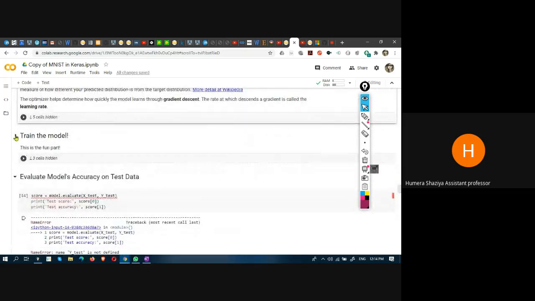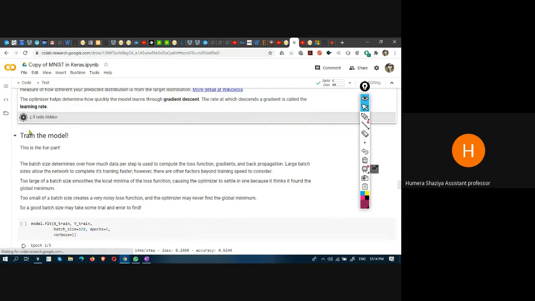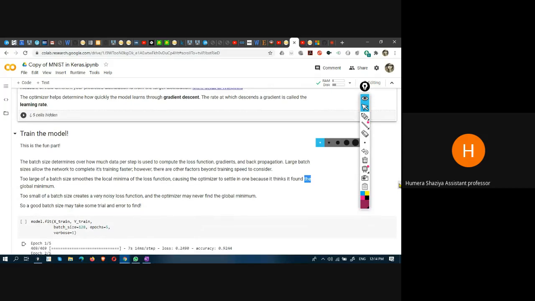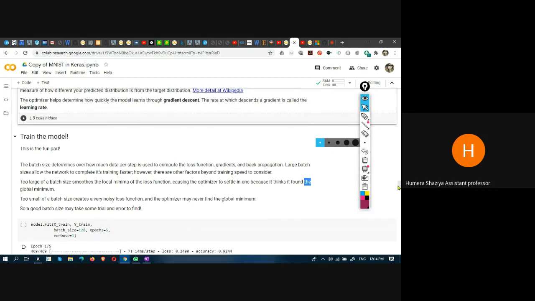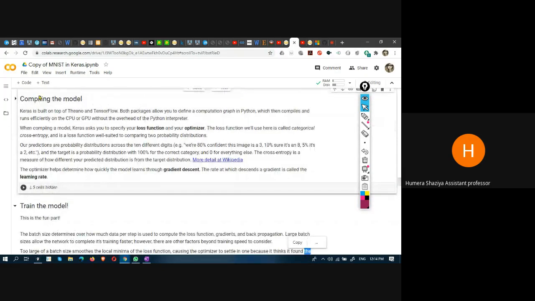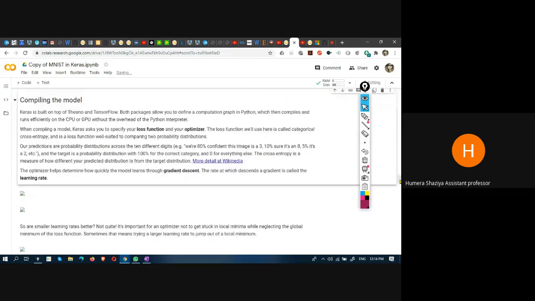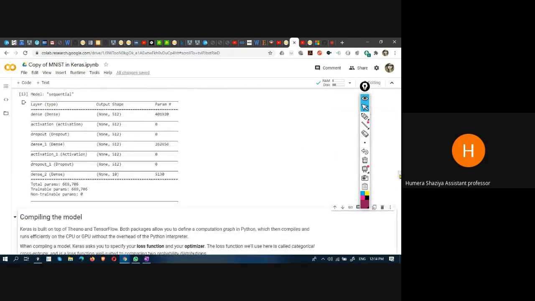So this one we are training. So here compiling the model.